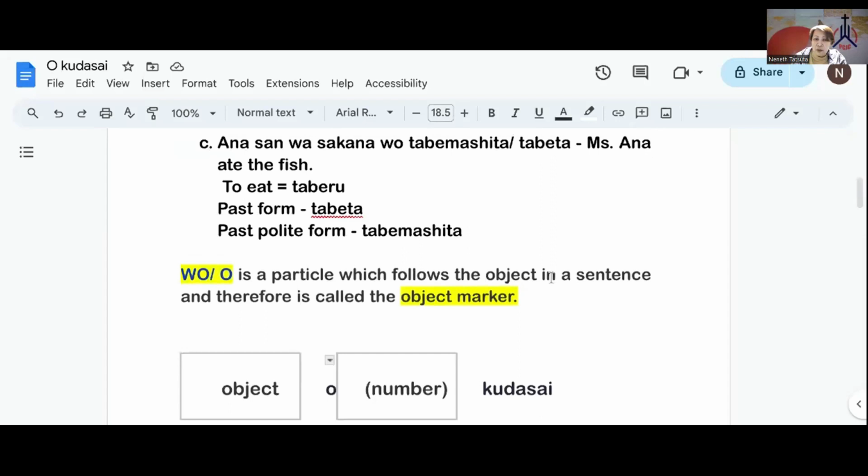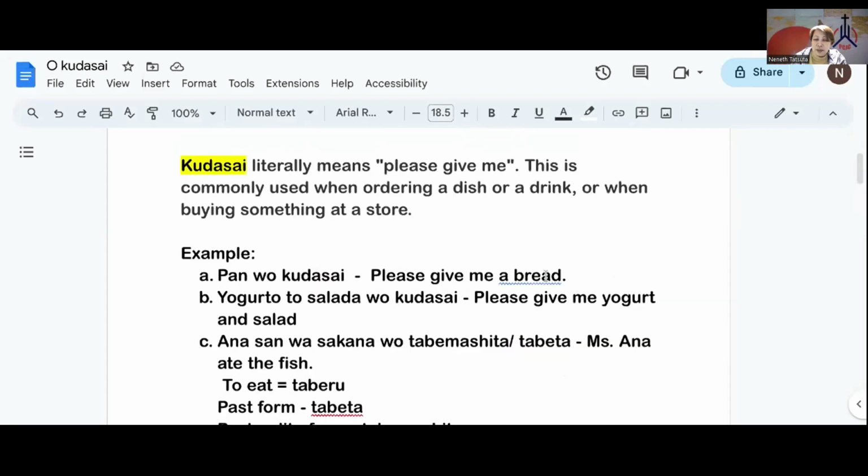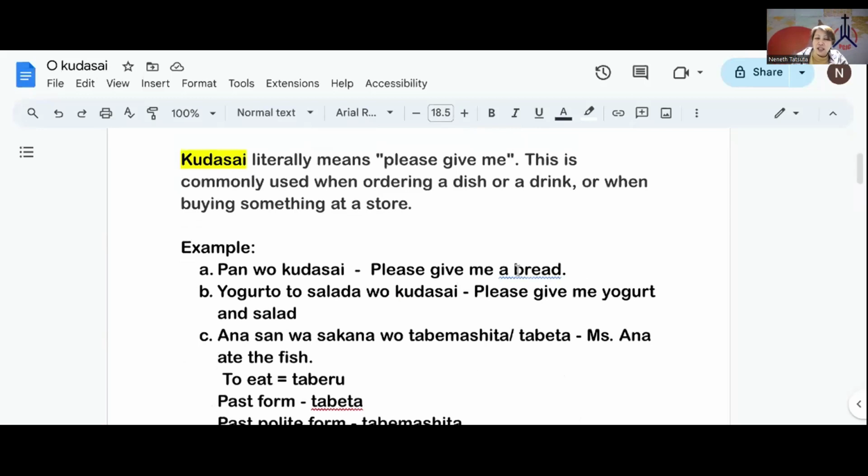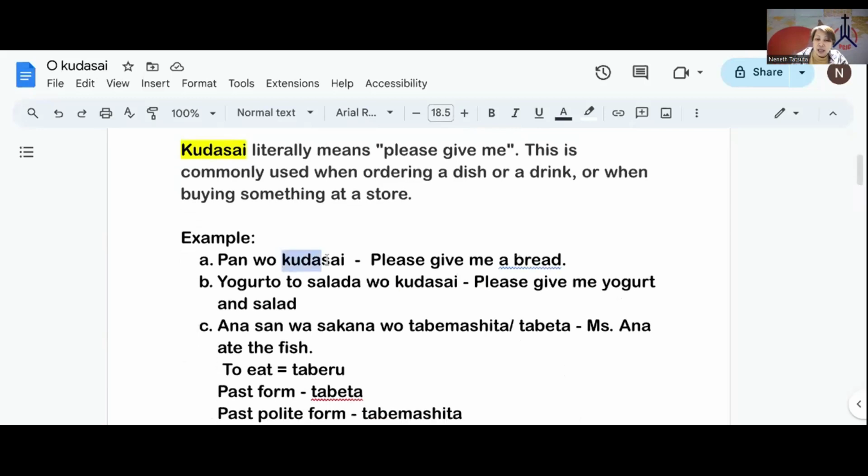Okay, again, what is kudasai? Please give me, or you're asking for something. So this is a polite way of saying, can I have this? The word kudasai. Sometimes only the word kudasai is already a sentence to them and they already understand it.